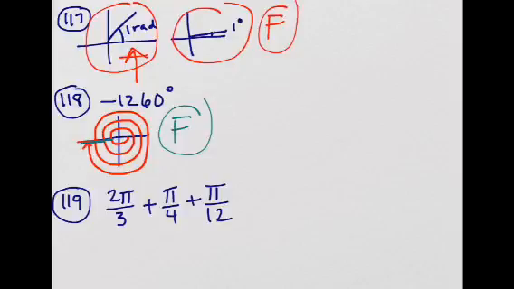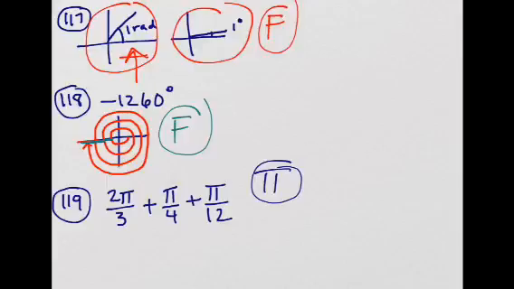So this one is saying that the angles of a triangle can have these radian measures. So remember, the sum of the three angles of a triangle adds up to 180 degrees. So that means in radians, that would be pi, right? We want to see if the sum of these three angles equals pi. So the common denominator is 12.